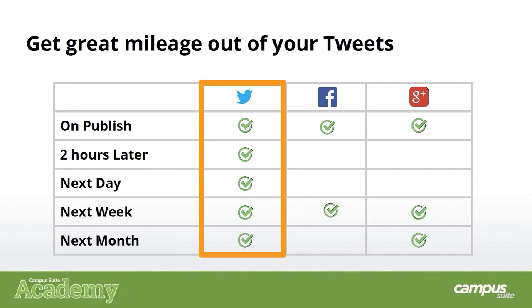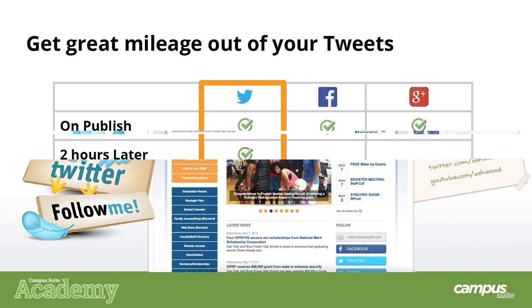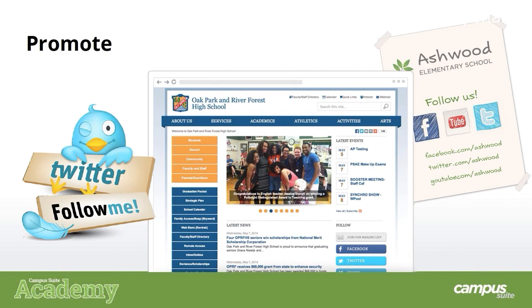So if we take a look at a certain type of tweet you want to push out to Twitter, and it's very important, we'll call it evergreen content. What that means is it has a lifespan to it. You could actually tweet it a year from now if you wish.